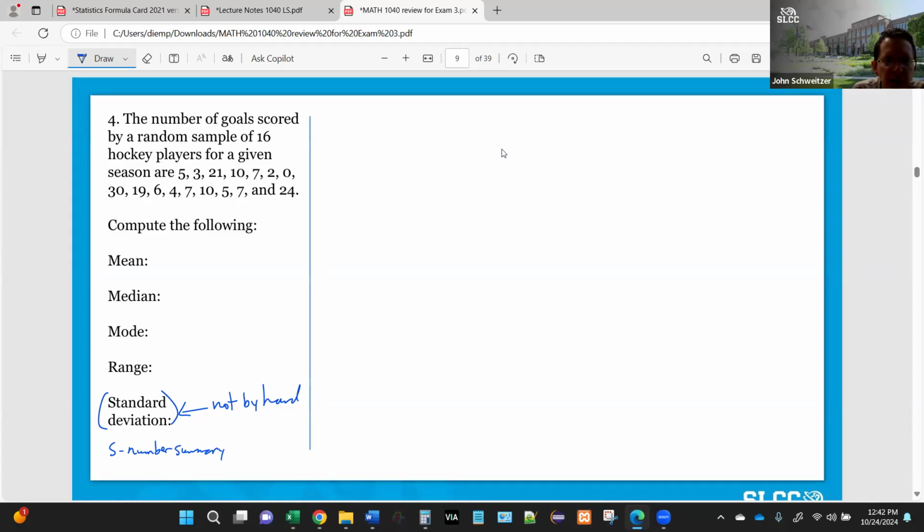So we put the data in order. So 0, 2, 3, 5. Oh, I missed a 4 in there. Oops, there's a 4 and 2 5s. Okay, then let's see, a 6, 3 7s.